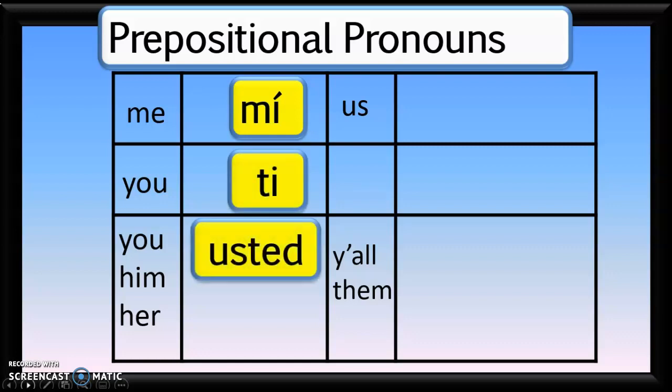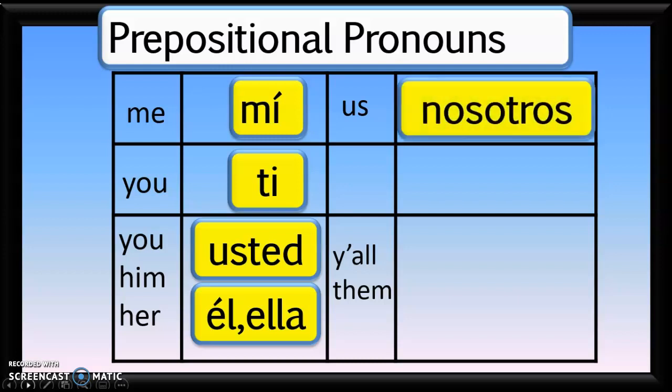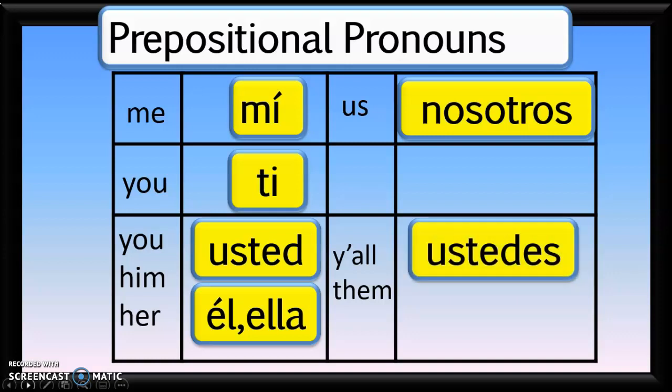For you, the formal one, use usted, and for him or her, use él or ella. For us, use nosotros. You'll notice that several of these look exactly like the subject pronouns, and that's true, they do, but they are prepositional pronouns as well. Ustedes is used for y'all, and ellos would be used for them.